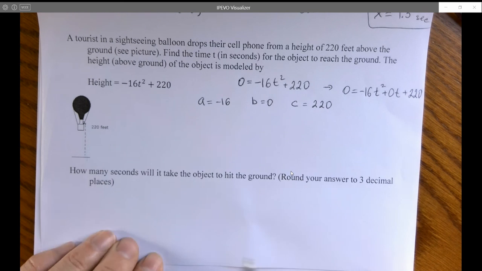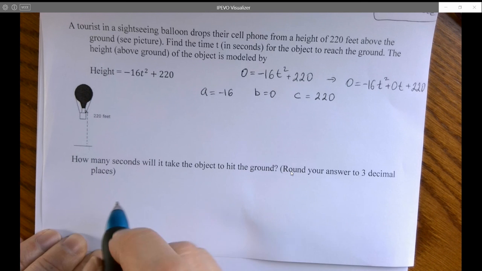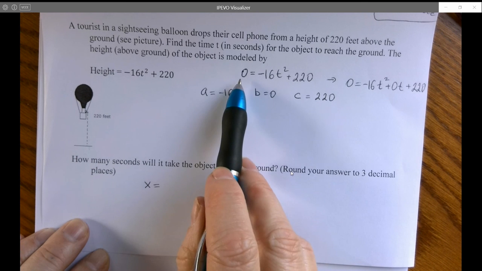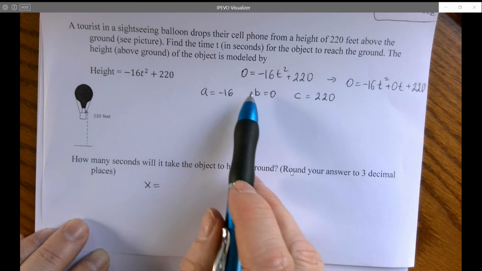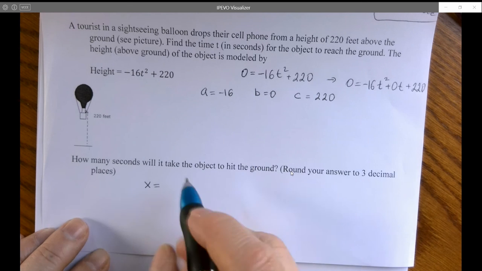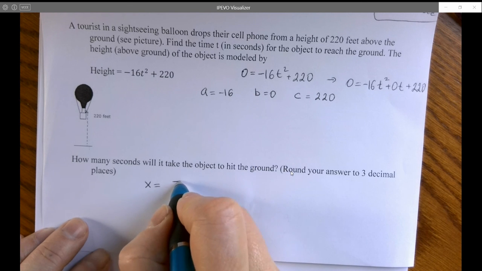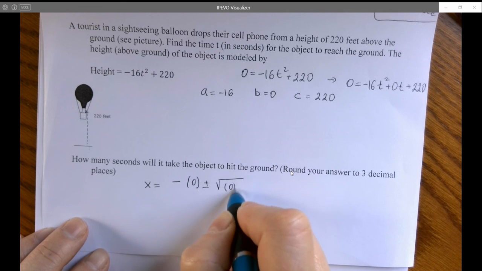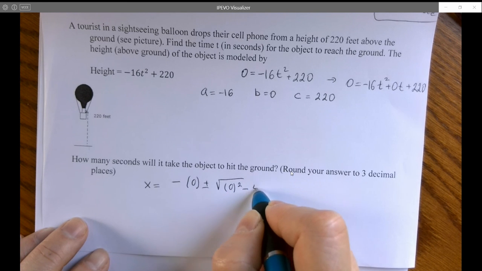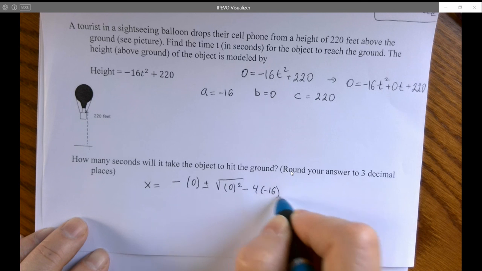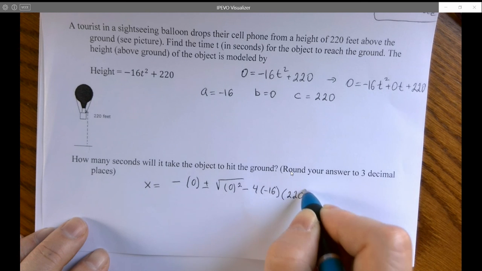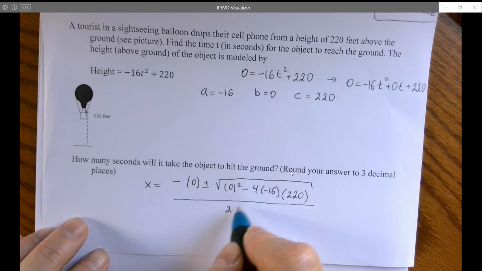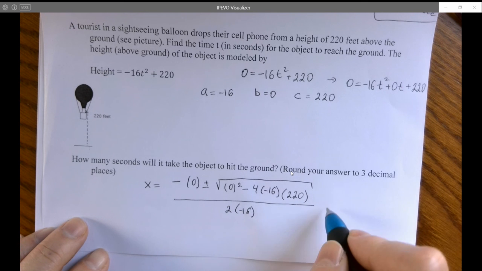Let's calculate. We will calculate right here. We will use the quadratic formula because we have 0 on this side. It means we need to find the x-intercept. -0 plus minus square root 0 to the second power minus 4 times -16 times 220 over 2 times -16.